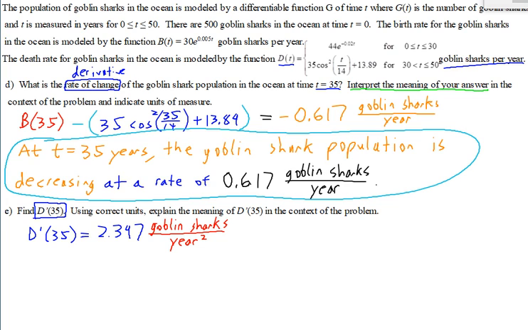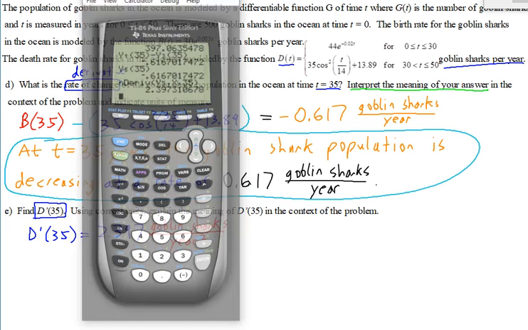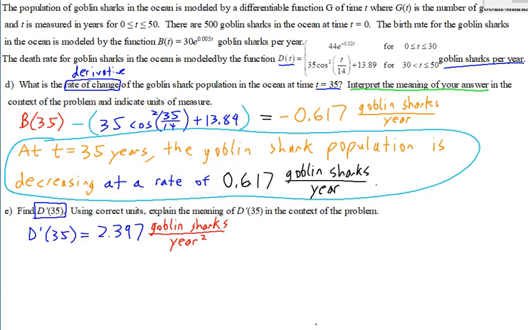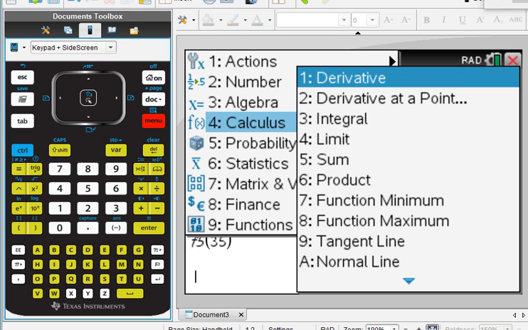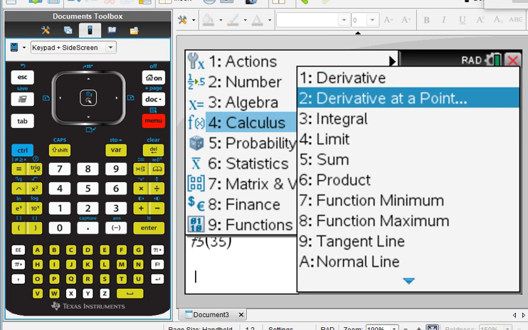And let's see how we do the same thing on the Inspire here. So the Inspire, I think there's different ways to get it, but one way that I think is probably the easiest is to go menu and then calculus, and the one that says derivative at a point.